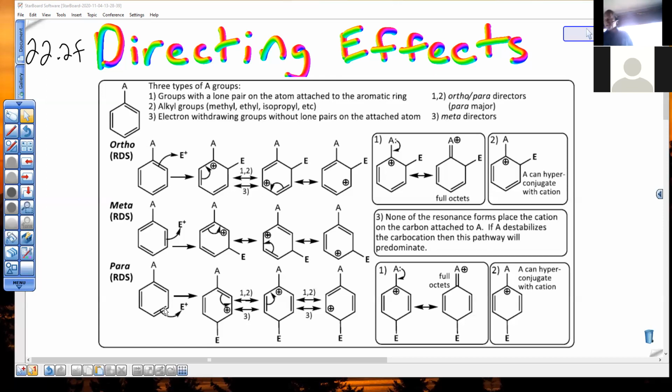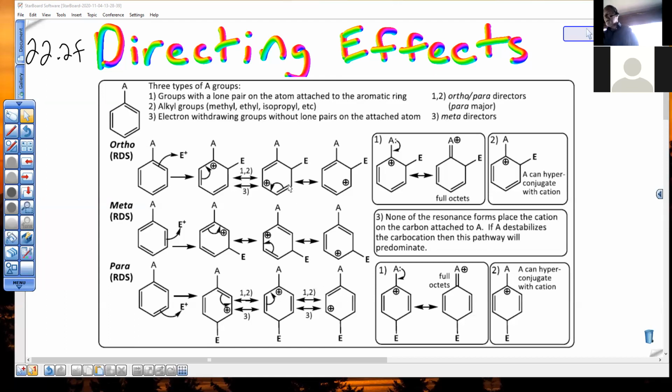You do the para mechanism. Your first cation is here, but the second one has the cation on the carbon with the A group. So anything we said up here has the same argument down here. A can stabilize the carbocation in the second resonance form. So that's a real good resonance form because A can really help out, whether it's by resonance or by hyperconjugation.